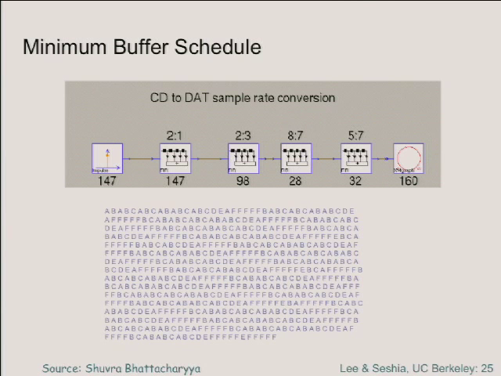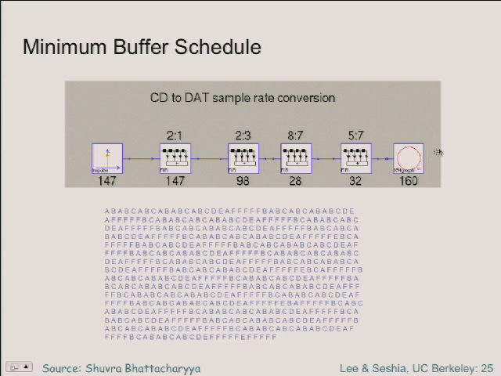What this means is that this data flow actor consumes 1 token and produces 2. This one consumes 3 and produces 2. This one consumes 7 and produces 8. This one consumes 7 and produces 5. And this data flow network yields the minimal integer solution of the balance equations: this guy fires 147 times, same as this.